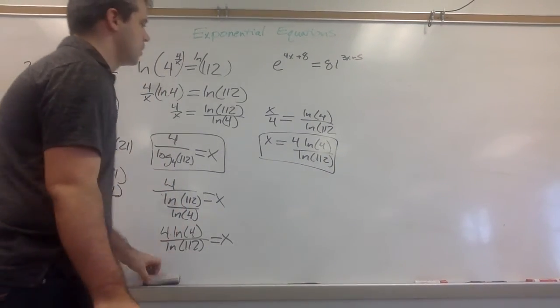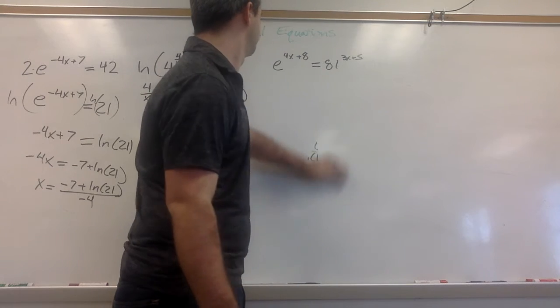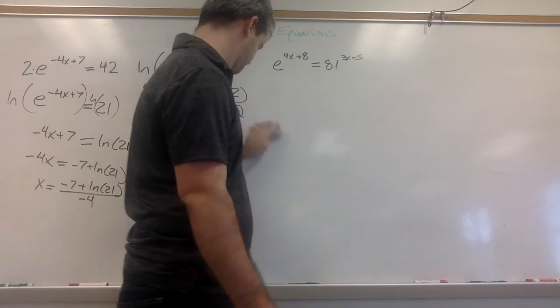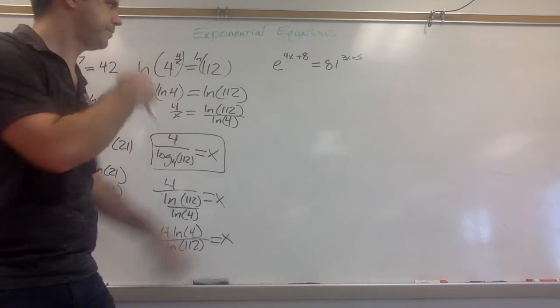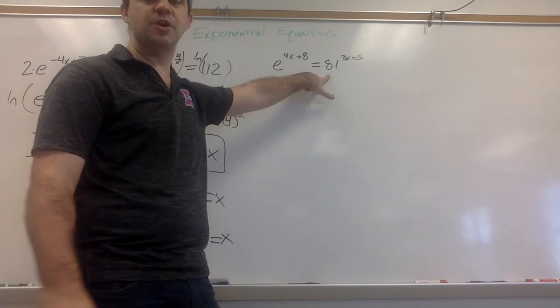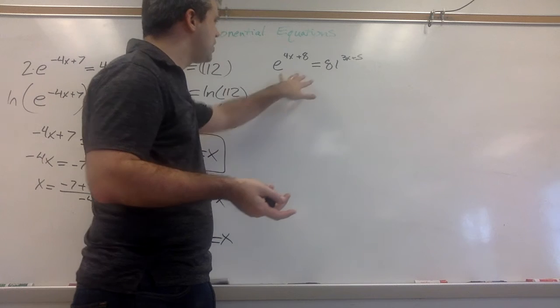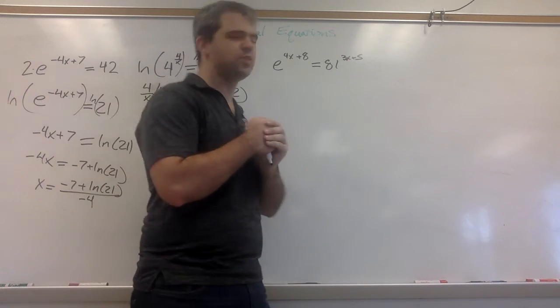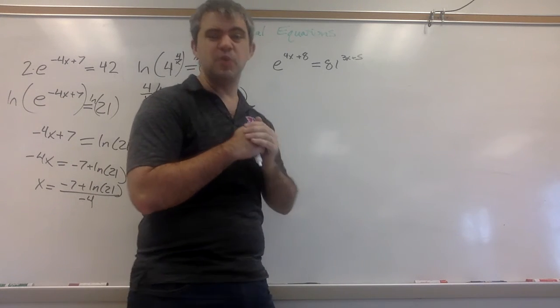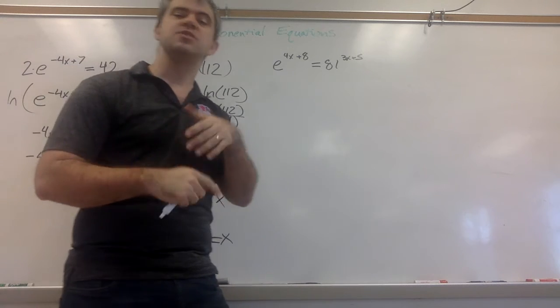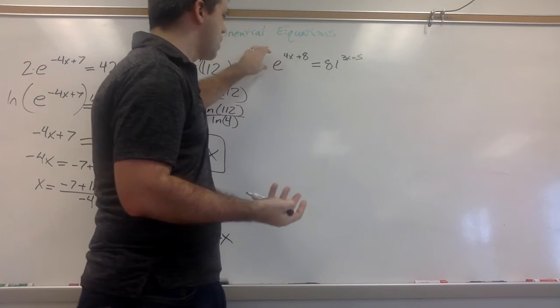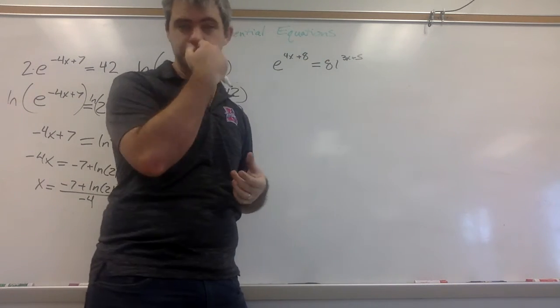Let's do one more. All right, so on this one, if you were doing it the way where you were just trying to convert it into a logarithm, then this way is going to be really, really annoying. So that's why I recommended using the method where we take a logarithm on both sides.